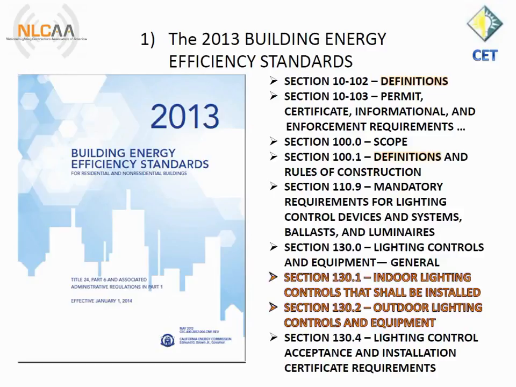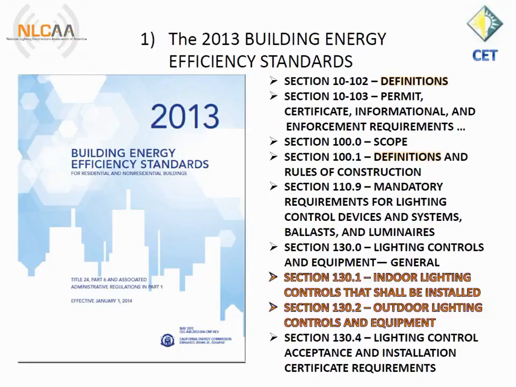For now, important sections of the Building Energy Efficiency Standards are 100.1 definitions, 110.9, the section of mystery, 130.0 is controls in general, 130.1 mandatory indoor controls that shall be installed, 130.2 are your mandatory outdoor controls, and these are mandatory under the law.